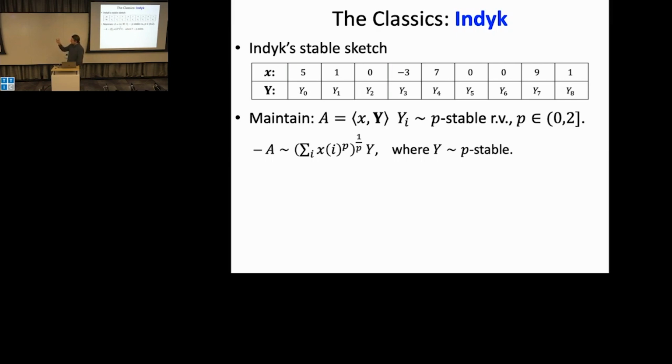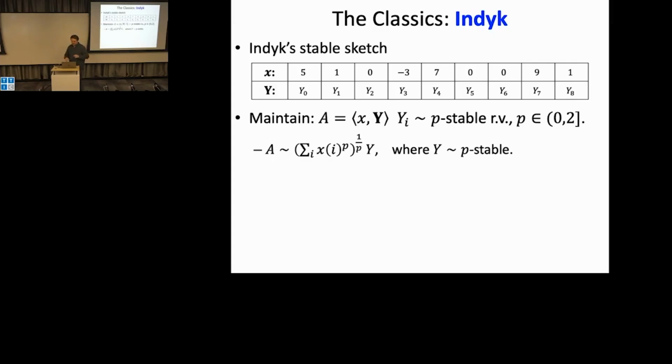When you take the inner product of x with a bunch of independent p-stable random variables, this has the same distribution as your target function, essentially multiplied by a single p-stable random variable. And from this you can recover an estimate for your target function.